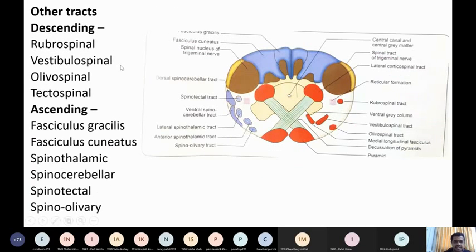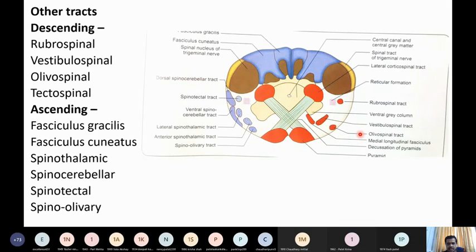Now a few other tracts at this level are like the rubrospinal tract, which you can see here. The rubrospinal tract connects the red nucleus to the spinal cord. Then the vestibulospinal tract, this one, the olivospinal tract, and the tectospinal tract.